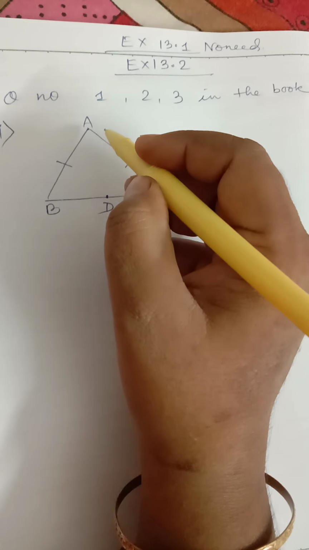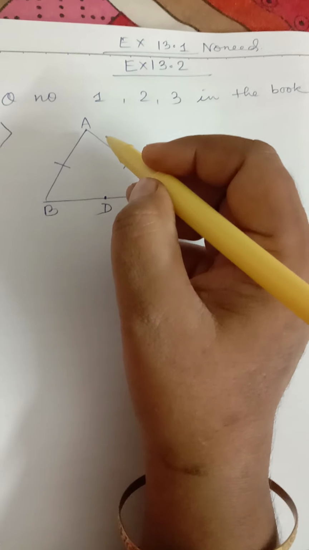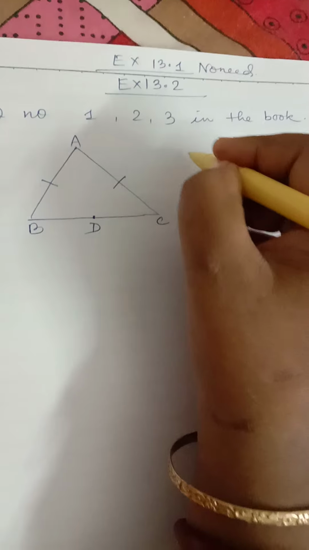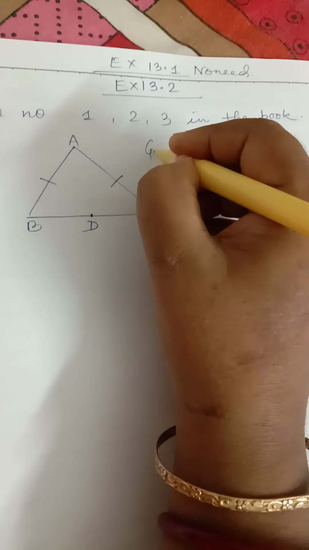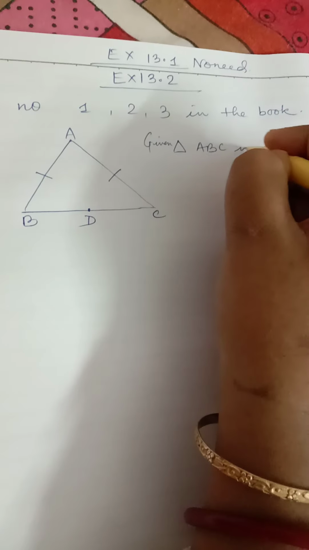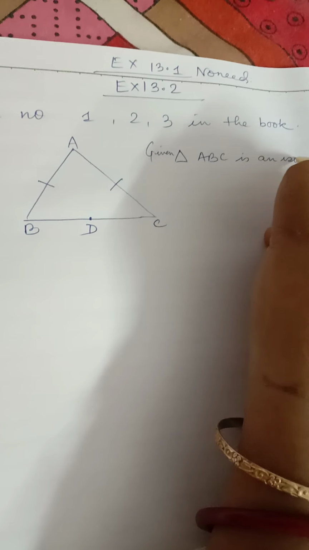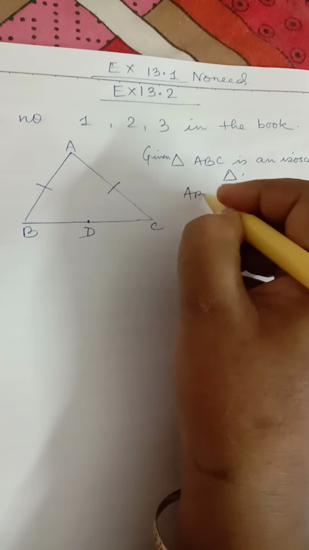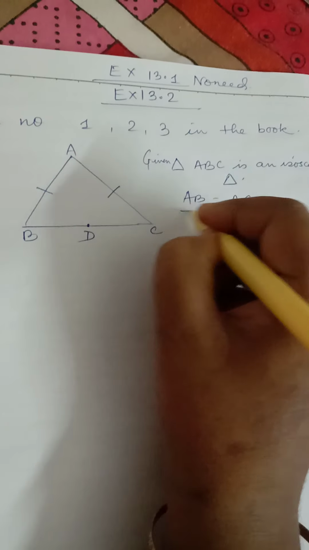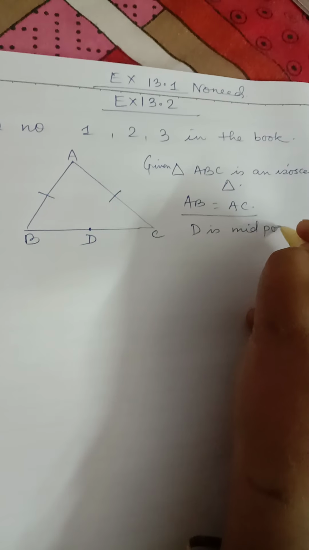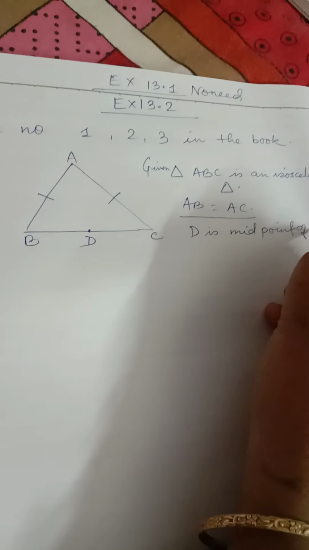Prove that triangle ABD is congruent to triangle ACD. Now given: triangle ABC is an isosceles triangle in which AB is equal to AC. D is the midpoint of BC.